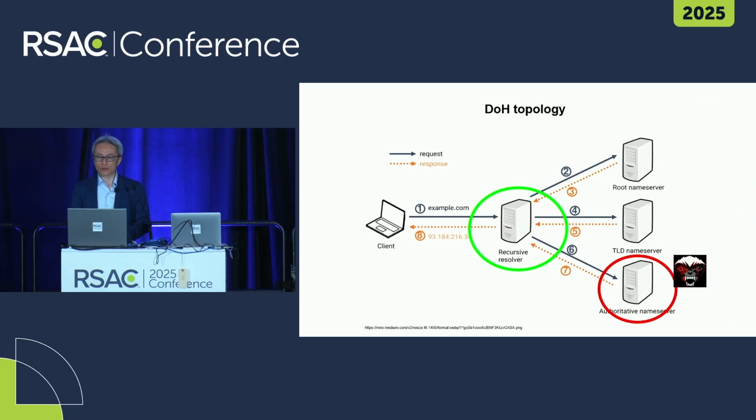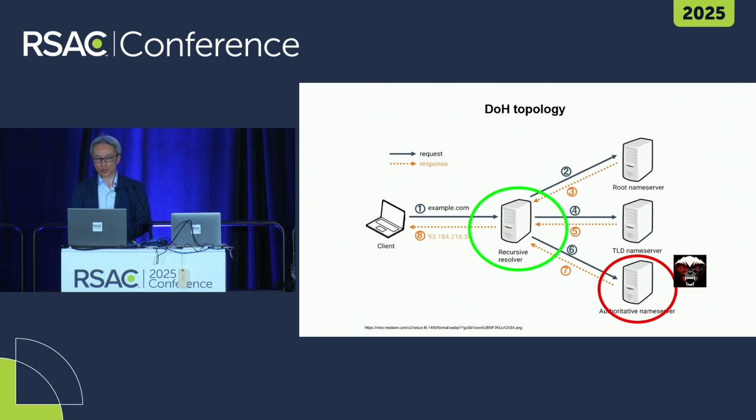So when the client tries to resolve an FQDN, like example.com, as the diagram shows, stage 1 and stage 2 now become the HTTP protocol instead of the traditional DNS protocol that talks over UDP 53, which might break some inspection of security controls from the enterprise.